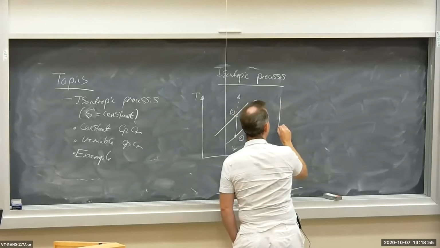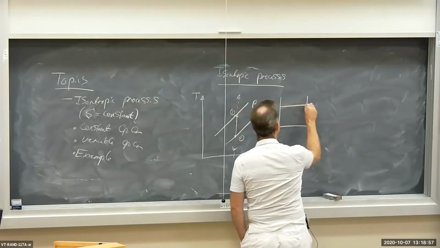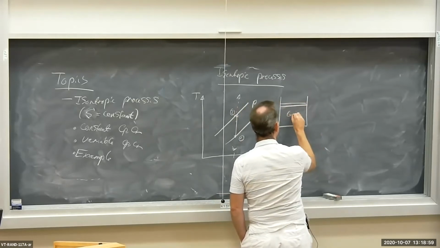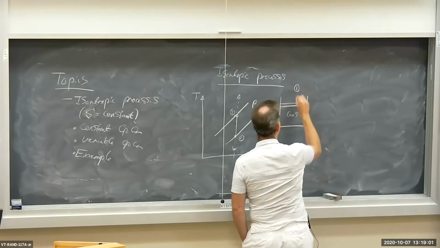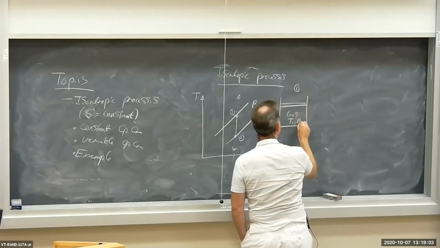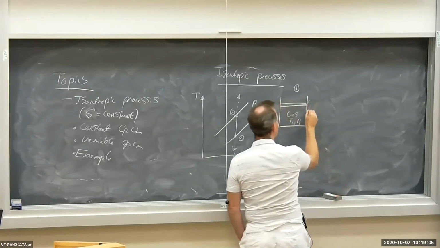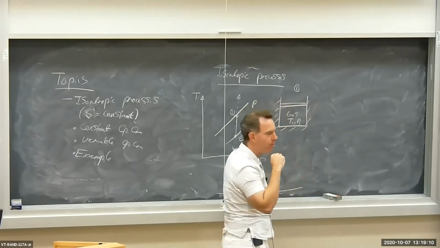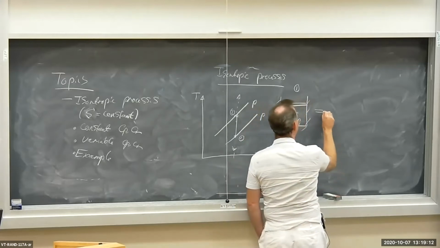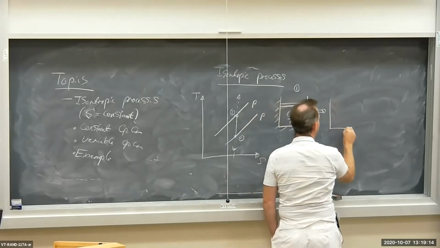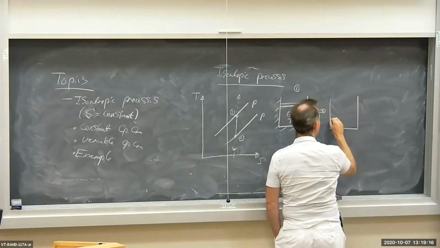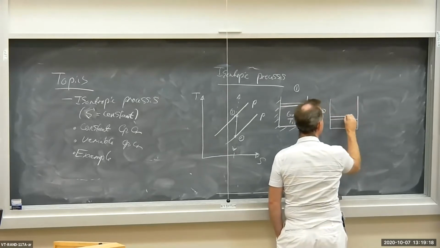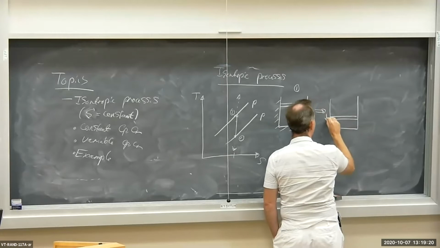So this would be a piston cylinder device containing some kind of a gas, state 1, at a temperature T1 and P1. And then let's say it's an adiabatic process here. We wrap some insulation around it. And let's compress the piston down, raising the pressure, raising the temperature. So the piston goes downwards.